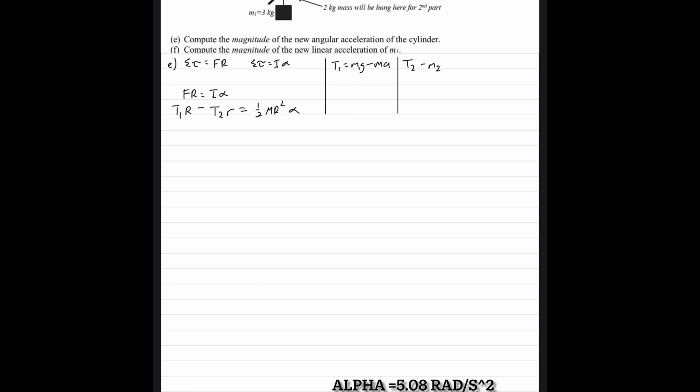Wait, let me add subscripts. Then T2 minus M2G is equal to M2A2, right? So T2 is equal to M2A2 plus M2G. So now I'll substitute in the tension.